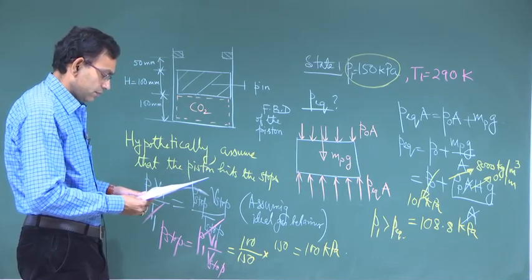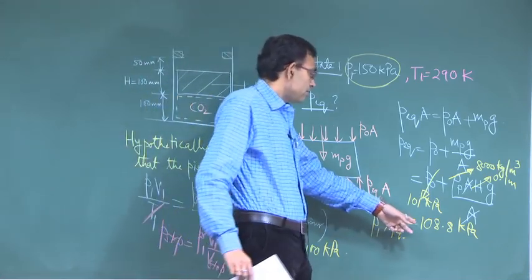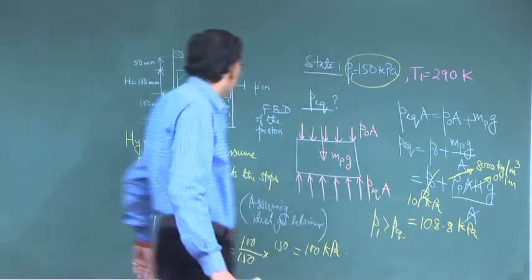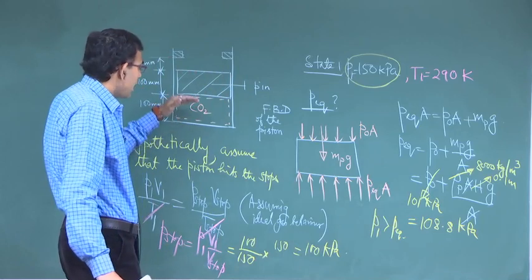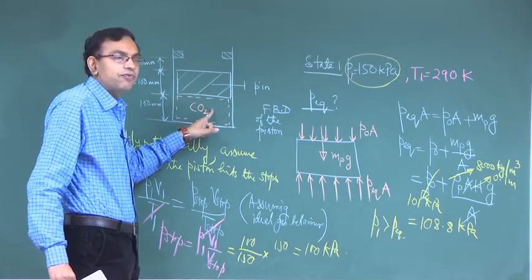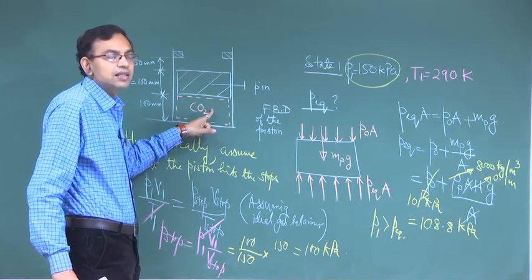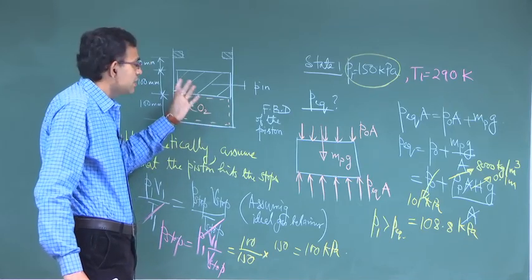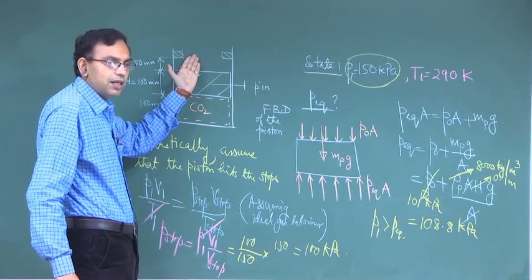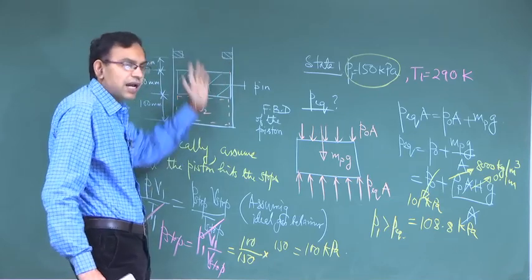Now, look into this equilibrium pressure. When the piston is moving, can its pressure fall below the equilibrium pressure? The answer is no. It will move in a quasi equilibrium process, so its pressure will be the equilibrium pressure. If it hits the stops, the pressure inside will build up.